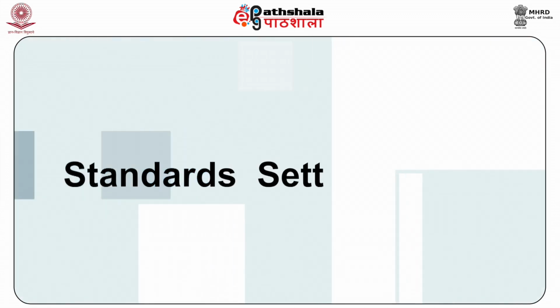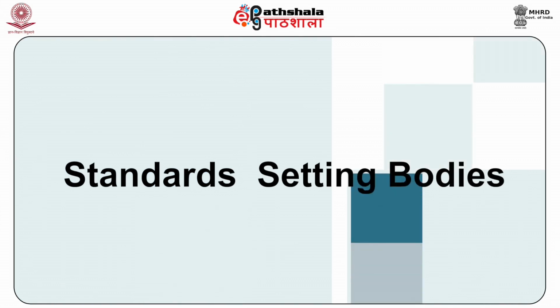Now we will discuss the standard setting bodies. Accounting standard setting bodies are national or international organizations that have been delegated responsibility for setting generally accepted accounting principles by statute in a country or jurisdiction. Such accounting bodies are currently found in many countries of the world.